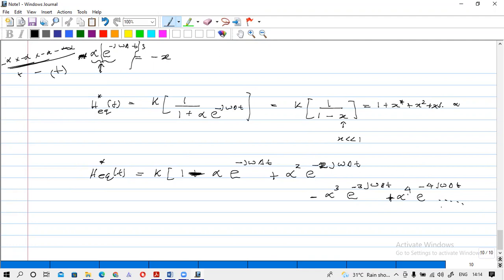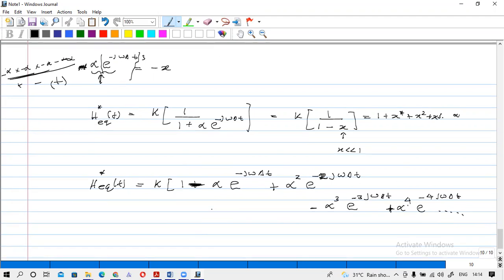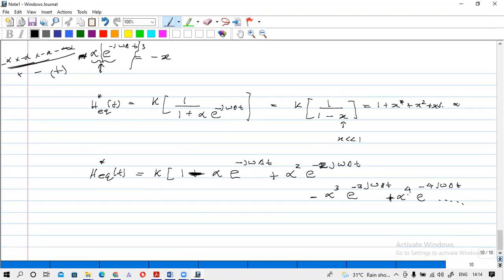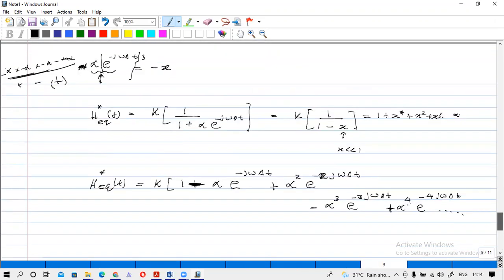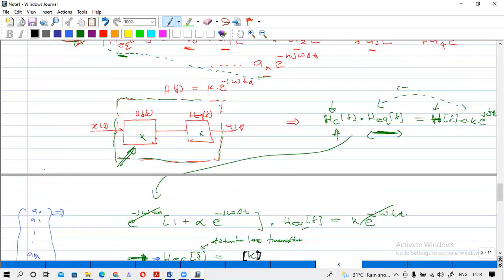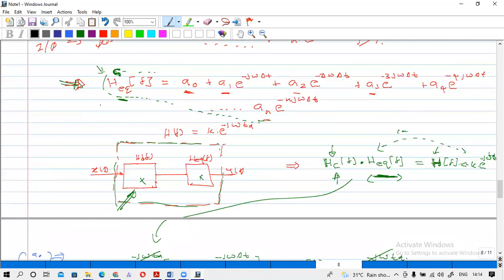So I will have this kind of expression. This transfer function is for distortionless transmission.